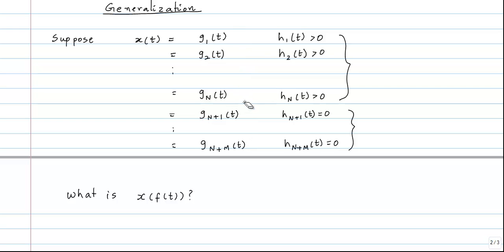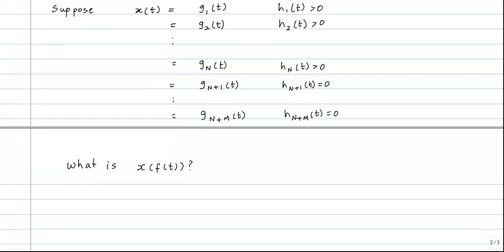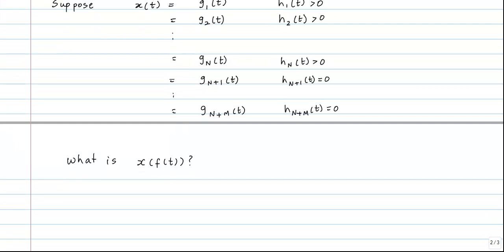Now the question is, if we want to transform the signal x of t, or we want to write an expression for x of f of t, where f of t defines the transformation. So for example, f of t can be negative t, f of t can be 1 minus 2t. These are the two examples we just looked at. So you can have many different transformations here.